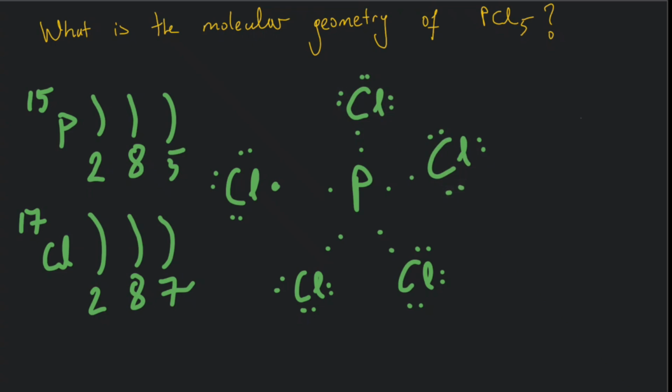So this is the Lewis dot structure. To make it easier, I can combine the dots to represent the bonding pairs. There is no lone pair on the P atom, as you see. So the class of the molecule is AB5.